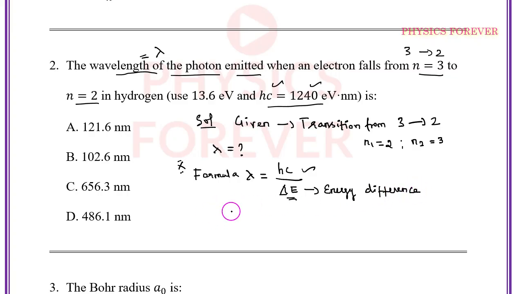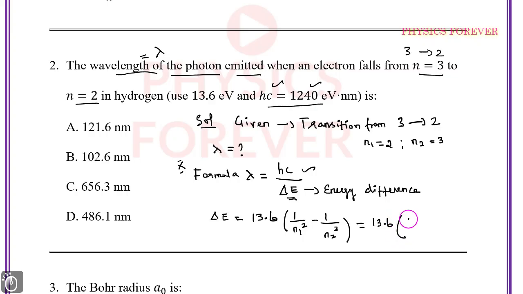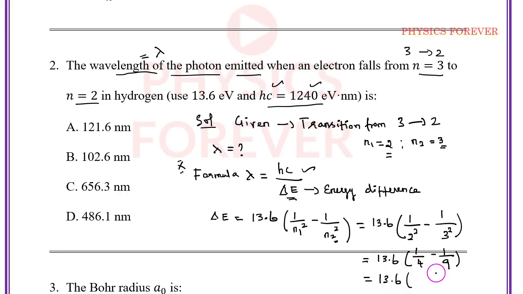Now how can we find the energy difference? Del E is equal to 13.6, here minus will not come, 1 by n1 square minus 1 by n2 square, which is equal to 13.6 into 1 by 2 square minus 1 by 3 square, since n1 and n2 values we know. So 13.6 into 1 by 4 minus 1 by 9. If we take the LCM, we get the answer 5 by 36.